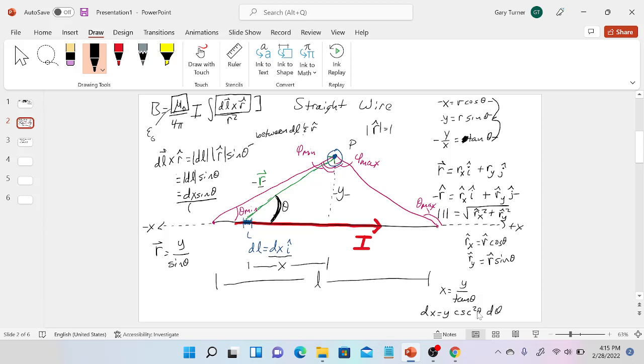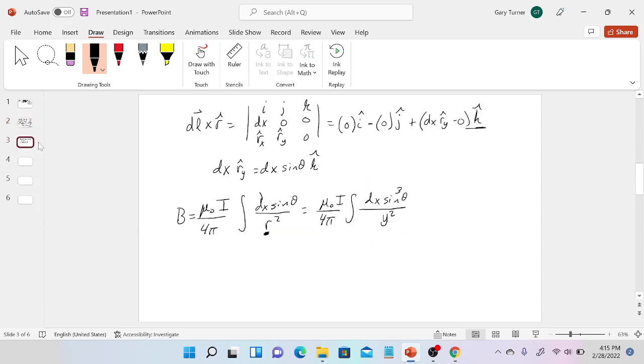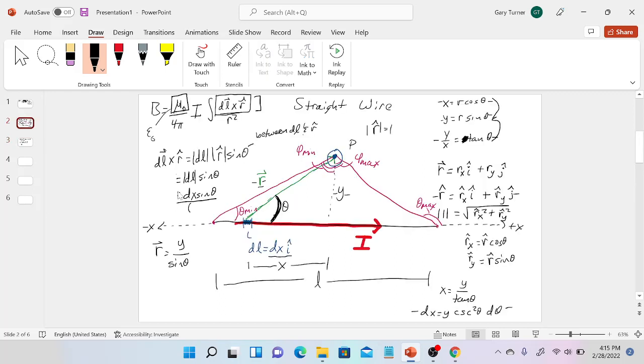And so this takes care of dx, and I can plug my dx in, and this is going to be equal to mu naught I over 4 pi, and integrate dx, we just said, is going to be y times cosecant squared, but cosecant is 1 over sine.